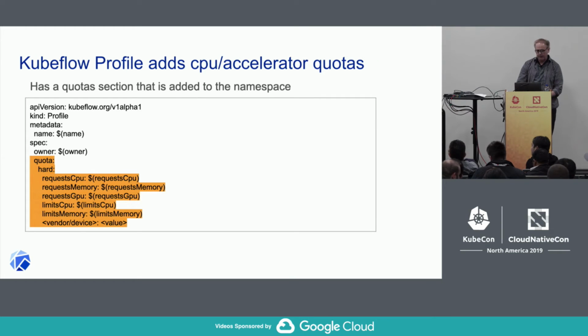And so, as you saw 2 slides ago, the Kubeflow profile had a plugin that accounted for allotting cloud provider resources to the user. This section will also be added on the back end, not exposed to the user.